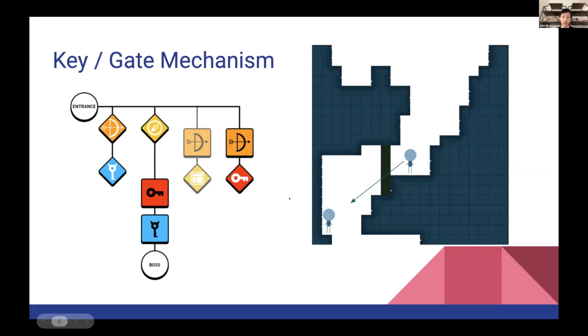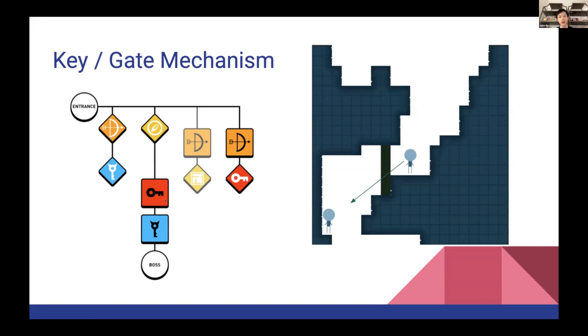This is one example of a graph which shows a level and how its keys and gates are arranged. You can see that the keys, like this bow and arrow key, represented with the diamond shape, always come before the square shape counterpart. That goes for the blue key and the blue gate, and the red key and the red gate.